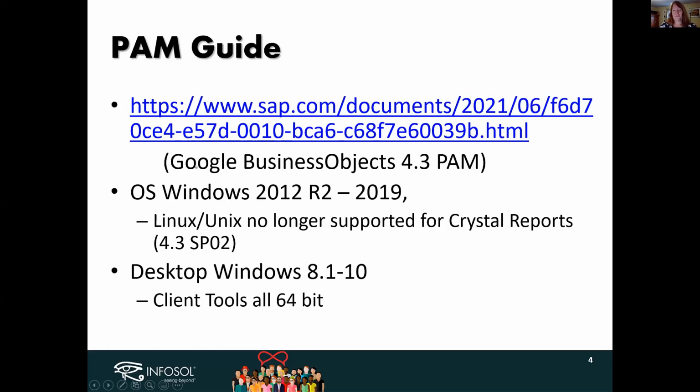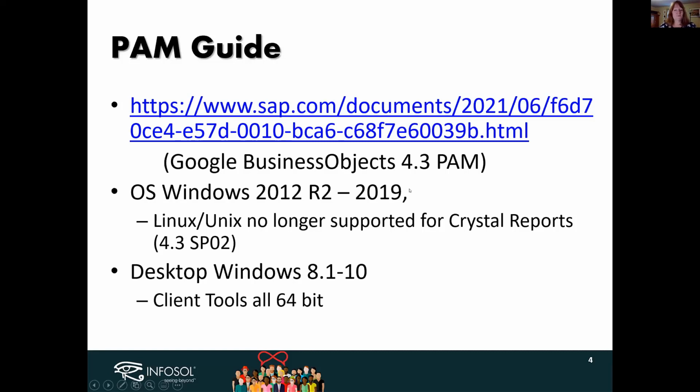There are a lot of things that I want to call out in the PAM that you might consider. If you have a 2008 server, it's no longer supported. So keep in mind that you might have to upgrade. R2 2012 though is still supported.